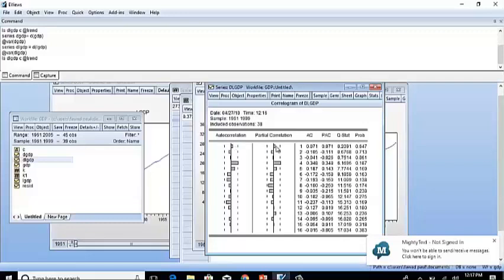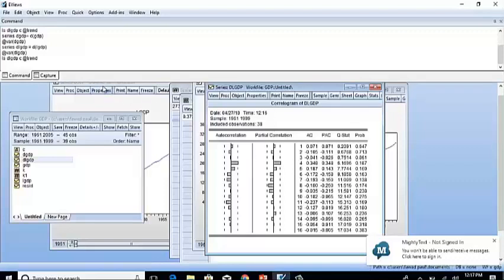So you check all of these possibilities, and out of all possibilities, if the AIC value and Schwarz BIC value are the smallest, we will take that equation.